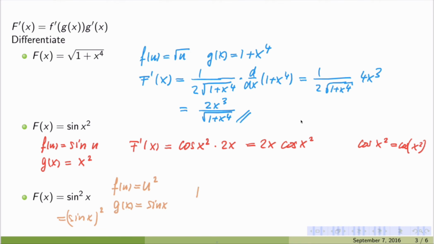Then chain rule: f prime of x, derivative of u squared is 2u, evaluated at the inner function, which is sine x, times the derivative of the inner function, which is cos x. So it is this. And you see these are not the same, of course, they are not the same functions either. So I think with a little bit of practice, this rule is actually rather easy.